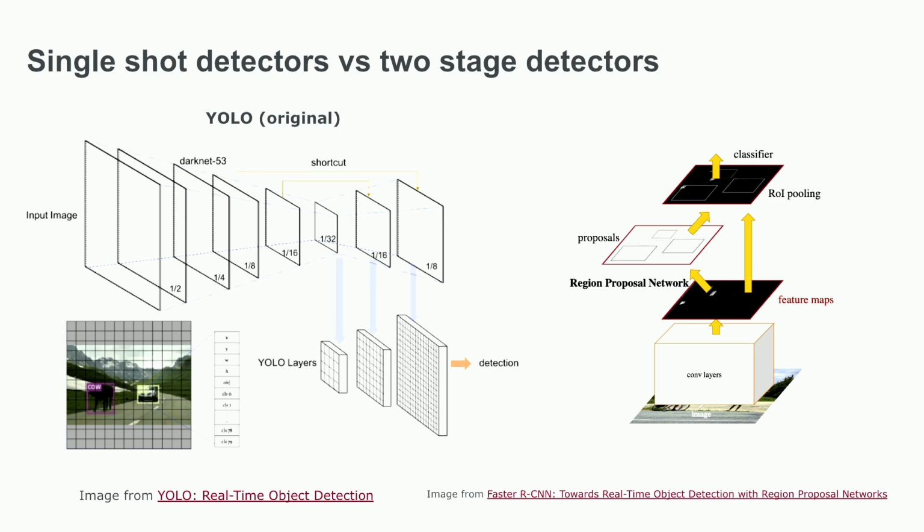In the single-shot detector, we don't have this. We just classify all the proposals at once. So the single-shot detector is usually faster in inference, but at a cost of accuracy, whereas we have the other situation with the 2-stage detector model.